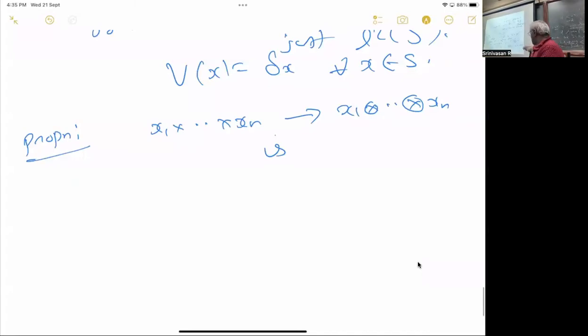Call this S, the symmetric tensor product of H. X tensor X is fixed by permutation. There are many things fixed by permutation, for example X tensor Y plus Y tensor X. This is fixed by permutation, because our U sigma is defined on elementary tensors, then extended linearly and then to the completion.